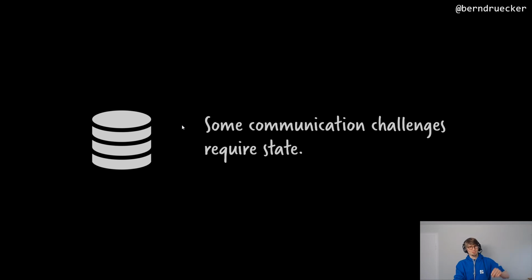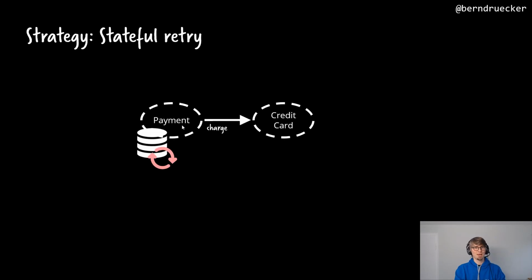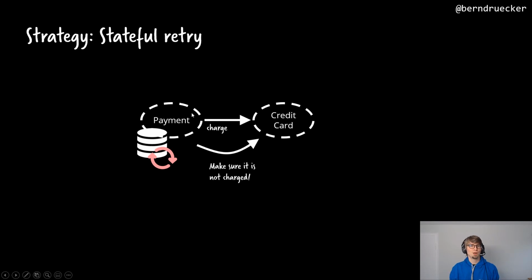Because we're in distributed systems, solving this might require state. Coming back to that example, if you get an exception while charging the credit card, it's pretty likely that the service is not available when you try to clean it up.